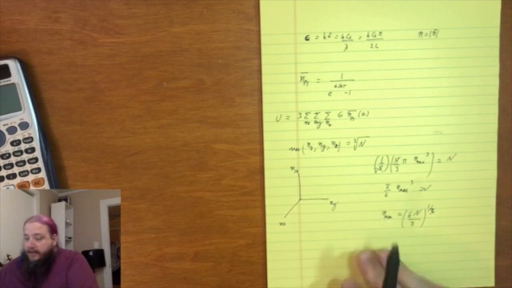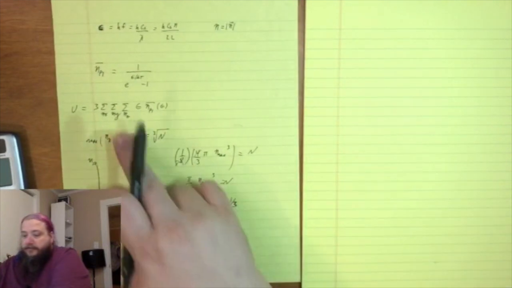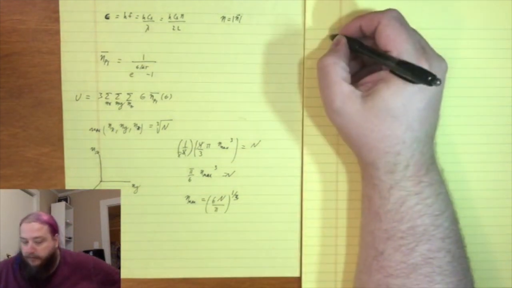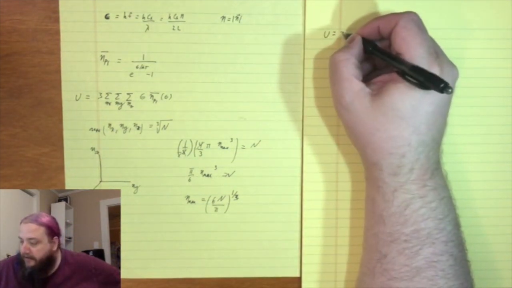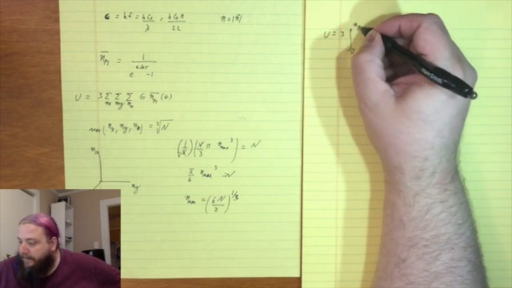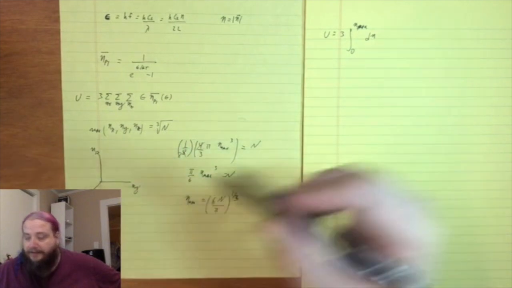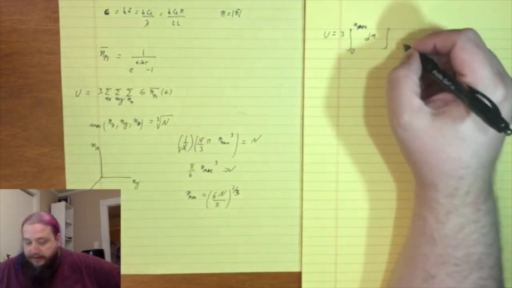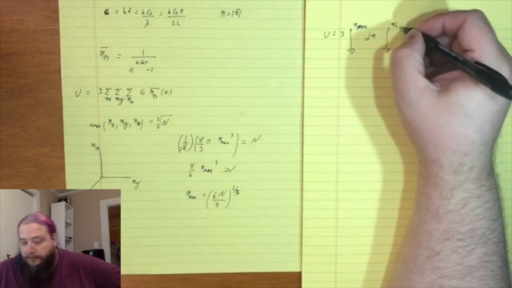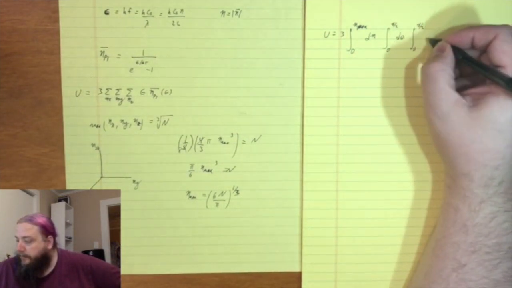All right, so if we go back now to our calculation, we're going to convert this triple sum to an integral in spherical coordinates again. So our thermal energy is that factor of 3 out front, and now we're going to integrate from 0 to the n max we just calculated in our radial dn coordinate, and then integrate over the angular coordinates, 0 to pi over 2 d theta, and 0 to pi over 2 d phi.